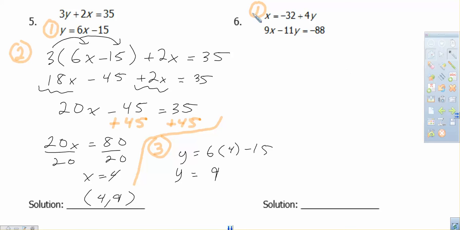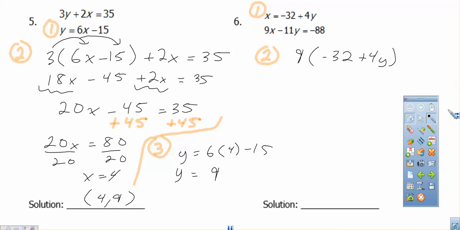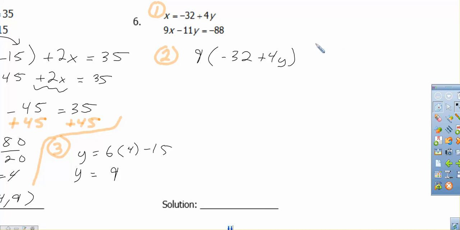Number 6, we've already done step 1. Step 2, replace x with that expression. So 9 times negative 32 plus 4y, minus 11y equals negative 88.